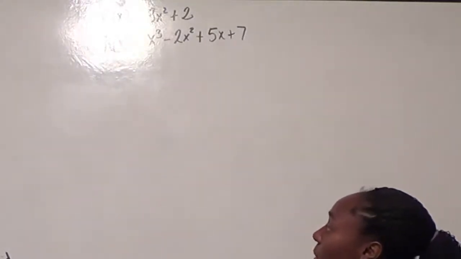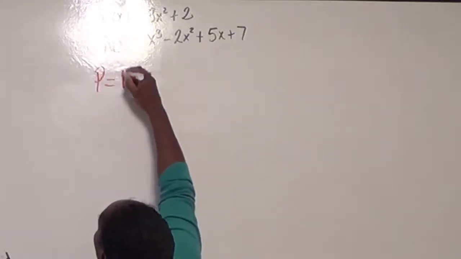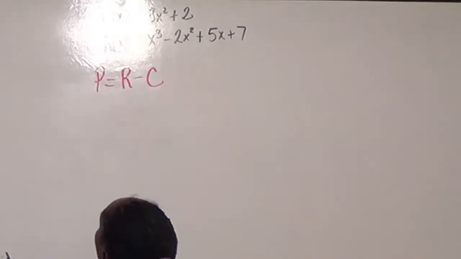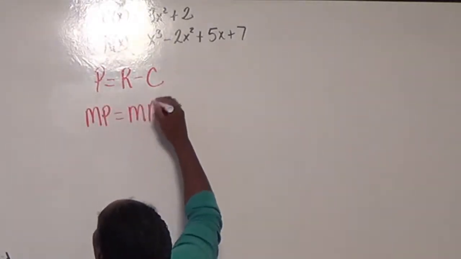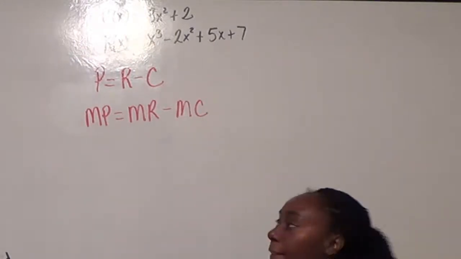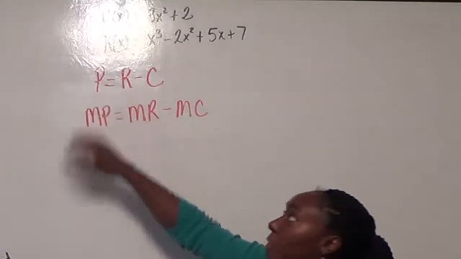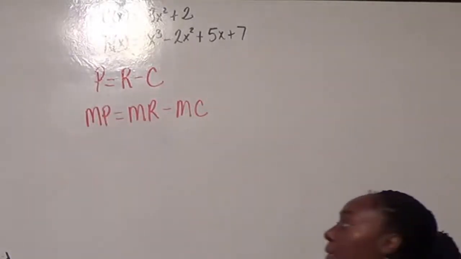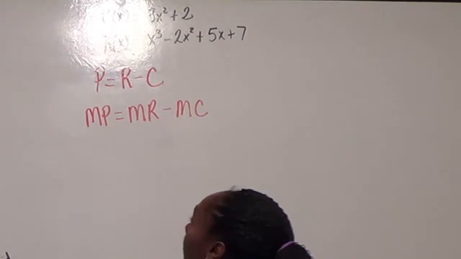So here, if you remember, profit is equal to your revenue minus your cost. So our marginal profit is our marginal revenue minus our marginal cost. Okay. Another way you could do this is actually find the profit function and then just take the derivative. But we can also do it this way.